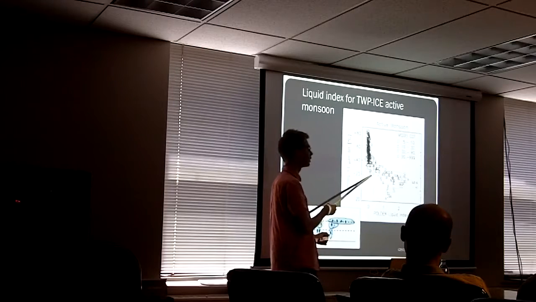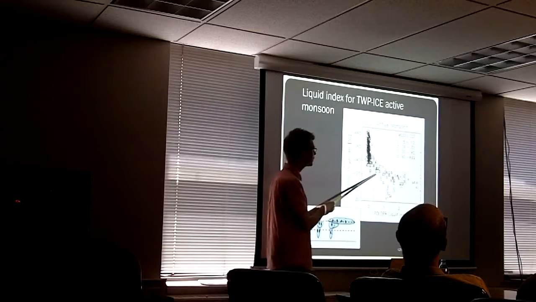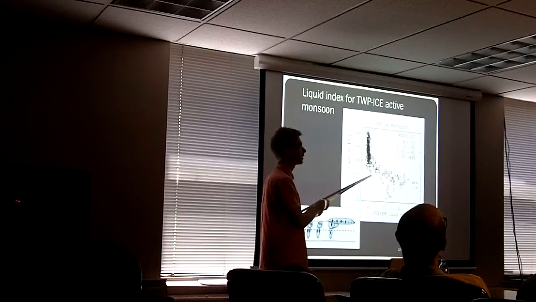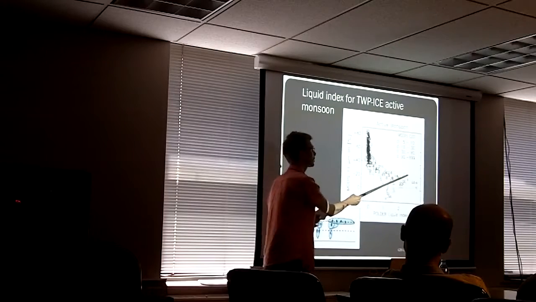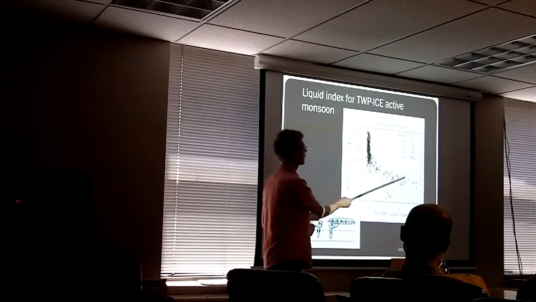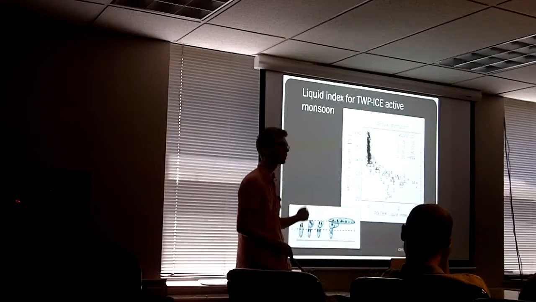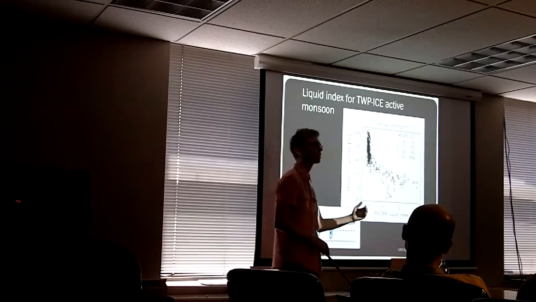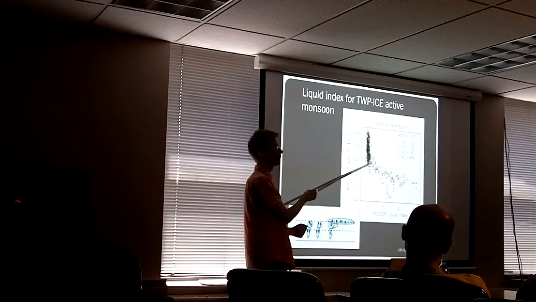For temperatures below -20, you start seeing these very low liquid index values. So you start seeing ice, but you also still see some liquid-topped clouds. Only if you go to around -30 or so do you start to see mostly ice-topped clouds. And for colder than -40, you see only ice.